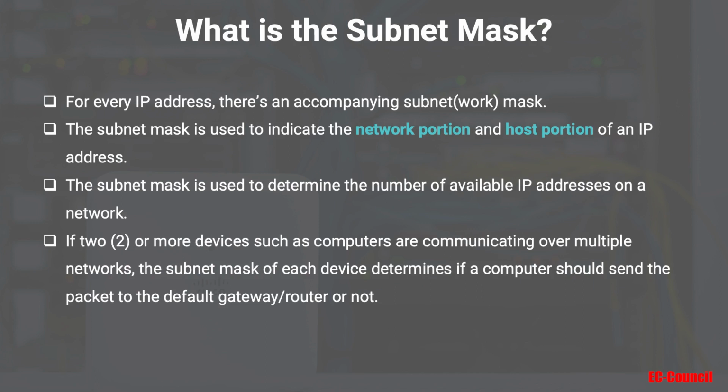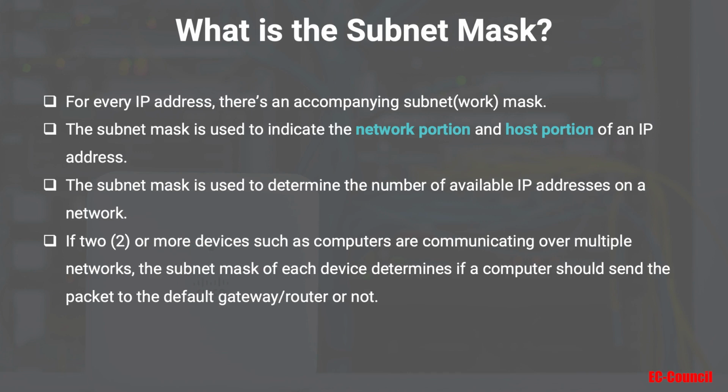So what exactly is a subnet mask? Well, the subnet mask is used to identify the network portion and the host portion of the IP address. To put it simply, the network portion is like your community address. Everyone within your community has the same community address, but the host portion is like your house number, which makes your entire address unique.